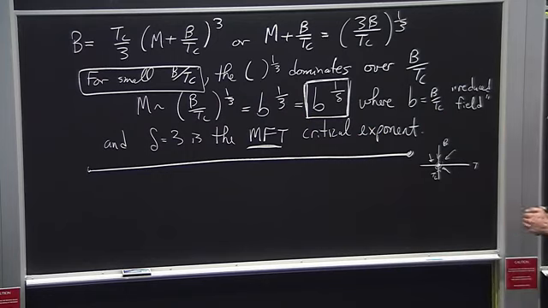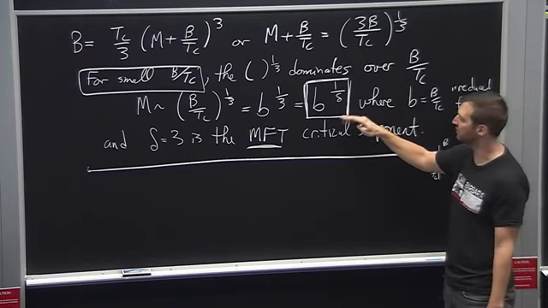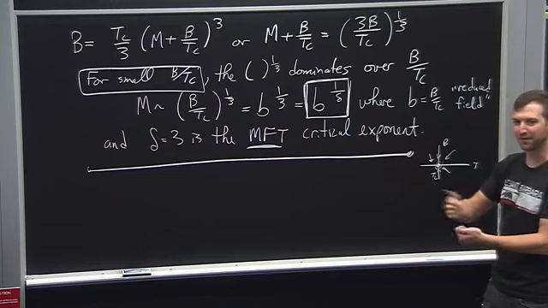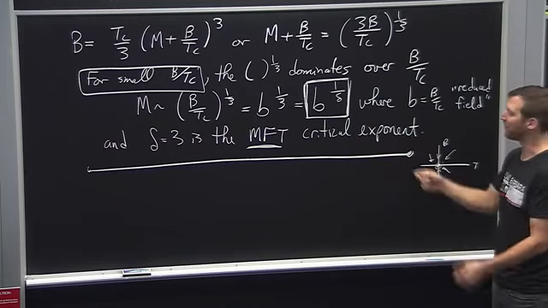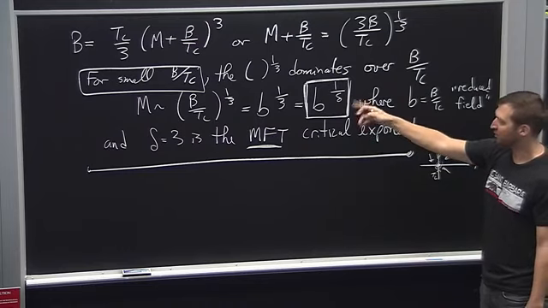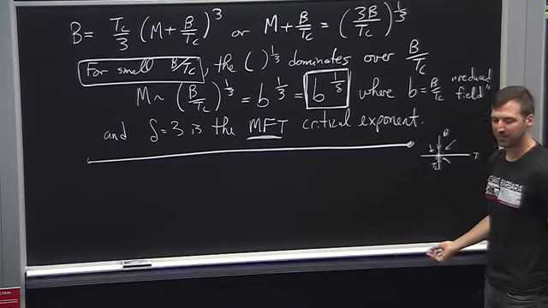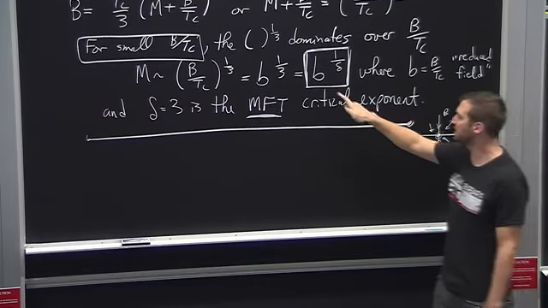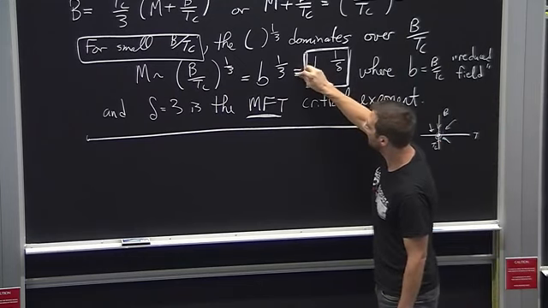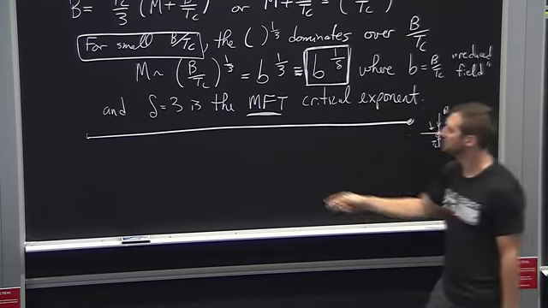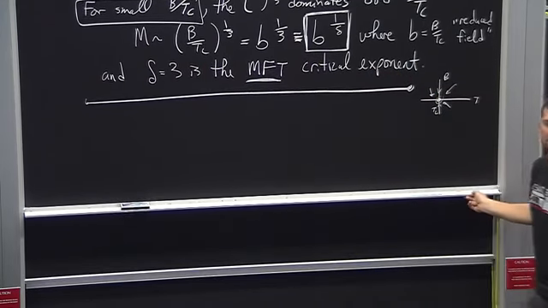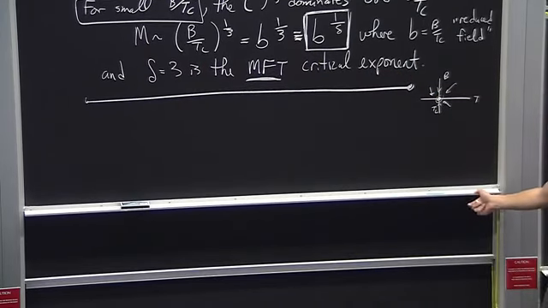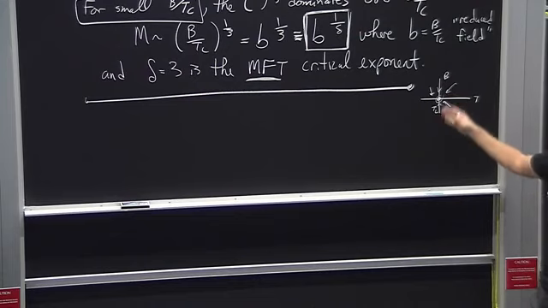But this is the expectation for the universal number. The order parameter goes as the reduced field, where the field is the external parameter that couples directly to the order parameter to first order, to the 1 over delta. So you can say this is the definition of delta here. M goes as b to the 1 over delta, along the critical isotherm, right? You have your temperature fixed, and you're on this critical isotherm.